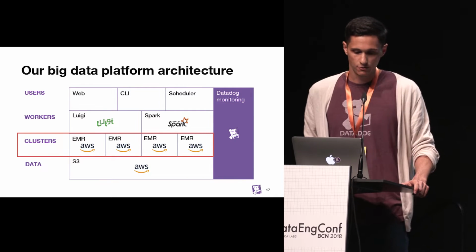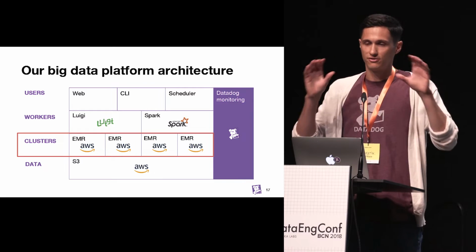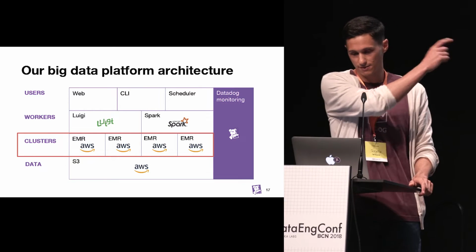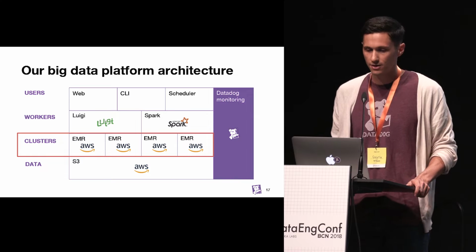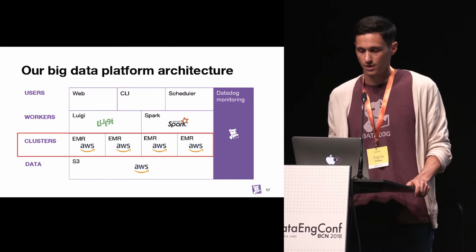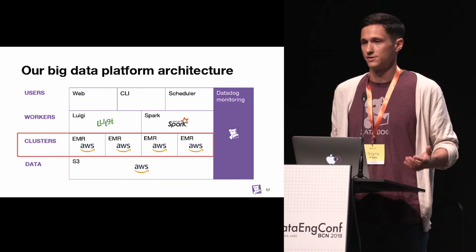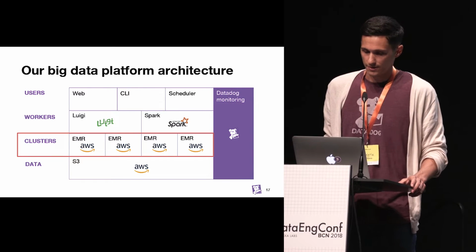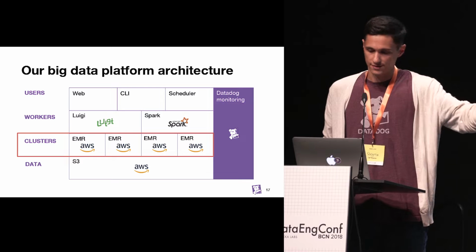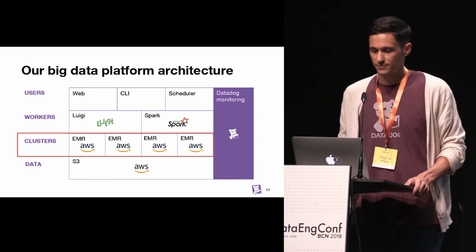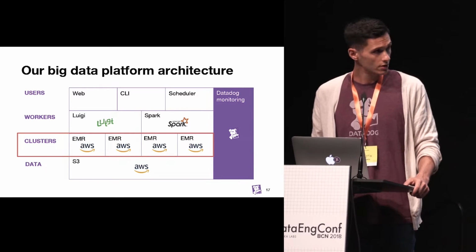And one thing we do, which is a bit unusual, is we have multiple ephemeral clusters. So that's why I added several times EMR. But I'll come back to that afterwards. And on top of that, we built a custom platform to interact with the clusters and with the jobs. And this platform has two types of workers. As I said, we're using Luigi for the task and workflow management.